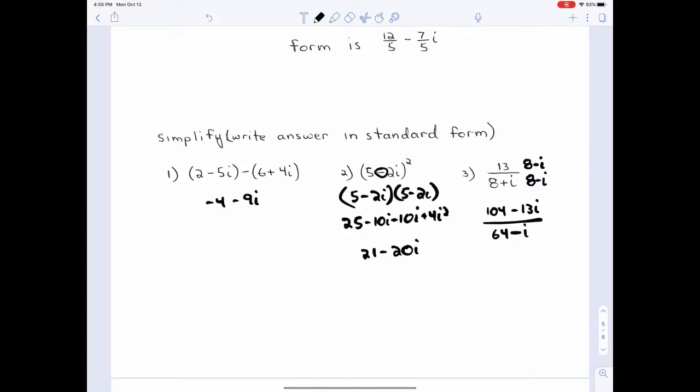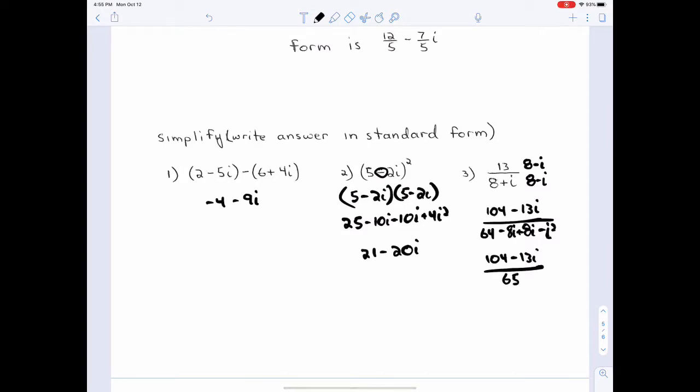I kind of took a little shortcut there I probably shouldn't have taken. Well, that minus i squared is plus 1. So we have 104 minus 13i all over 65.